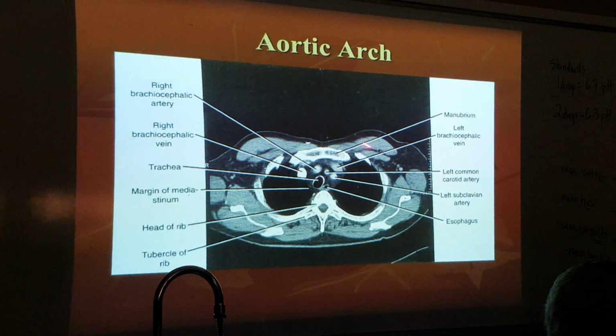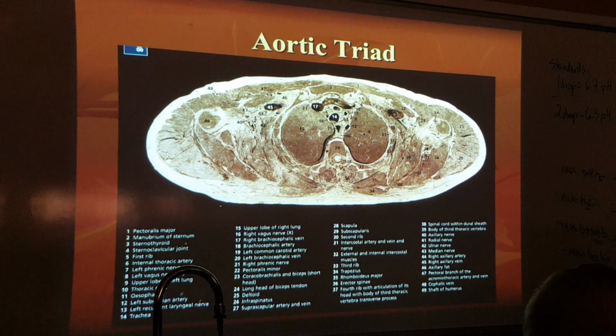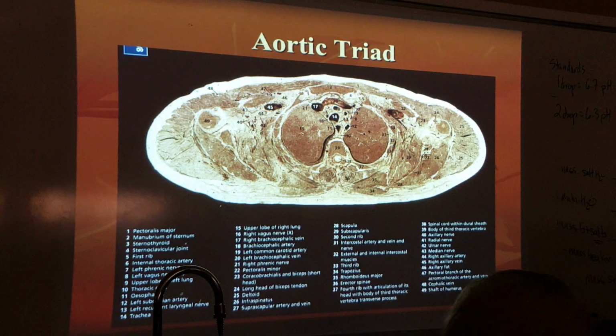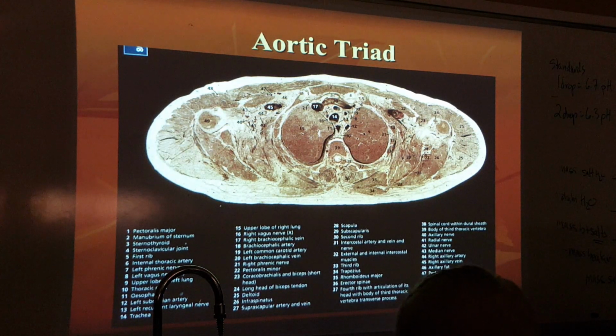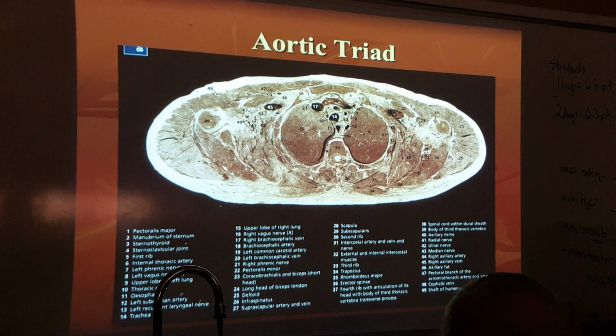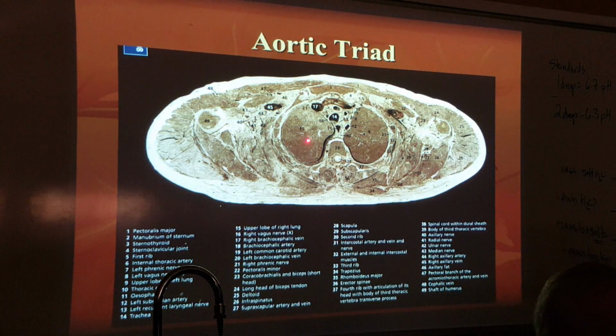Pectoralis major, I won't ask you muscles. I stuck a new version of the PowerPoint Lab, which you now will be able to get. It's called the Revised PowerPoint Lab 5, because I wanted you to see these great cadaver pictures I have. Here we see the apices of the lungs, and we see the trachea, and we see the brachiocephalic trunk, the left common carotid artery, and the left subclavian artery.